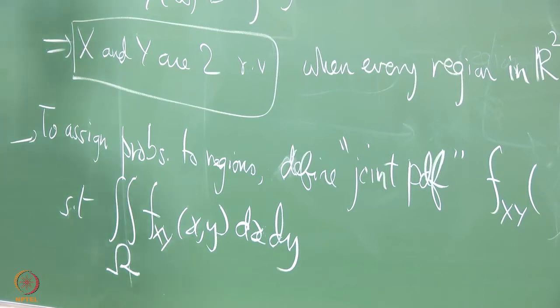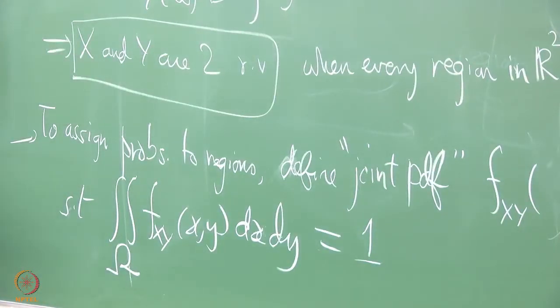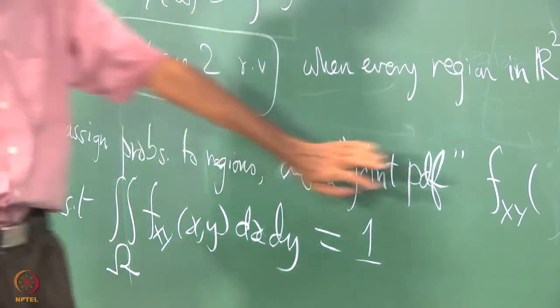We have to make sure that this function has unit volume when you do a double integration, and also there are smoothness constraints on this f.